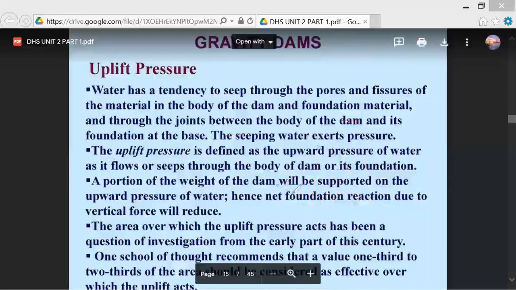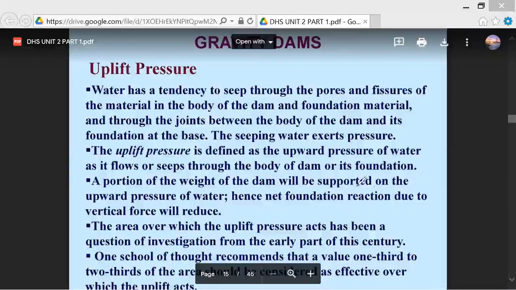So a portion of the weight of the dam will be supported by the upward pressure of water. Hence, the net foundation reaction due to the vertical force will reduce because of the self weight. The area over which the uplift pressure acts has been a question of investigation from the early part of this century. On which area is it going to act?